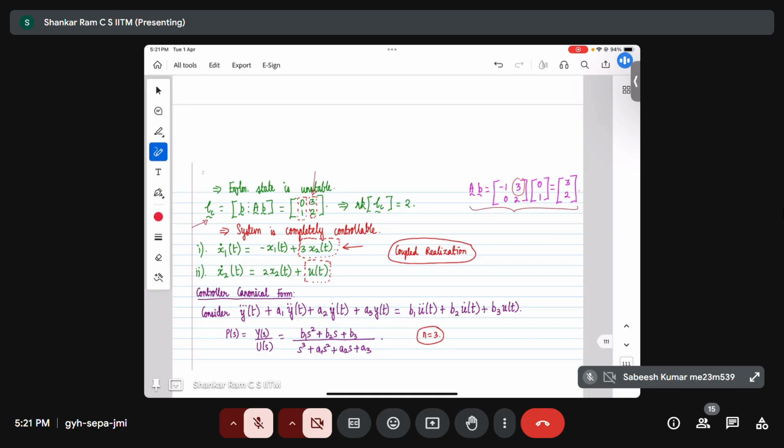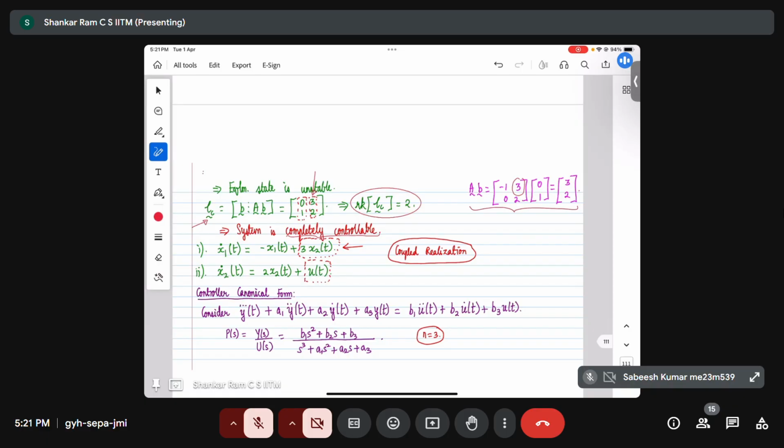If you calculate the rank of this matrix, it's 2, because now you cannot express one column as a multiple of the other. And if you calculate the determinant, it comes to be minus 3. So when you have a square matrix of dimension n, if the determinant is not 0, then the rank of the matrix is n. That is the conclusion we can draw. Consequently, the rank of the controllability matrix is 2. It is of full rank, so it is completely controllable.